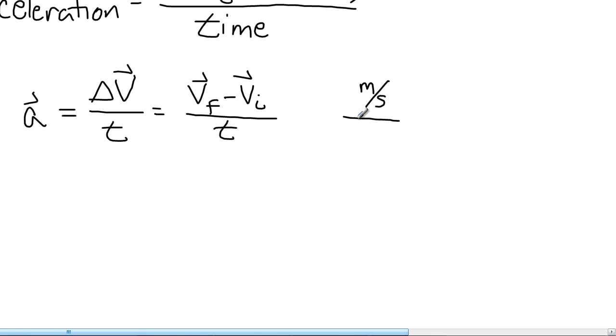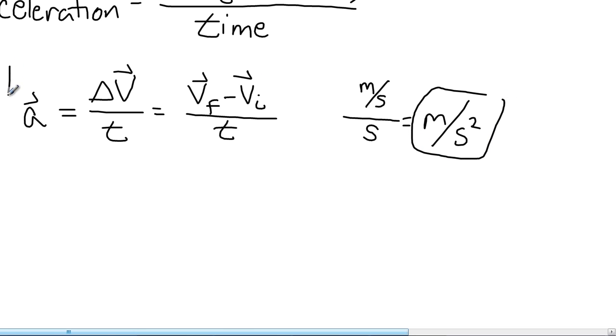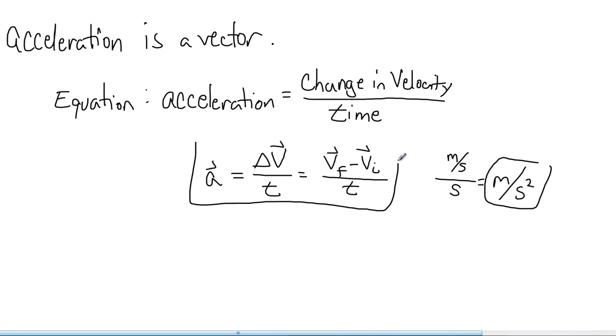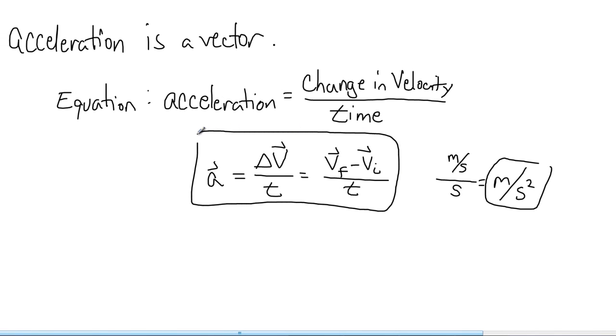So I have meters per second on top, and then on the bottom I have time, which is measured in seconds. So now I have meters per second, or acceleration units being meters per second squared. All right, so there's the units for acceleration. Here's the equation for acceleration. Keep this equation. All right, you will want this equation for the homework.